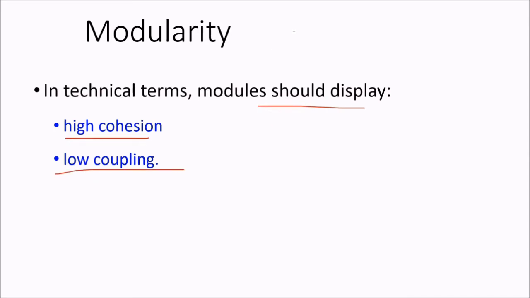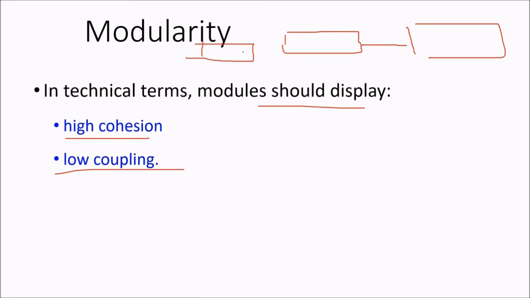If I talk about a train, then the bogies or the compartments are linked together. This is called coupling. Actually, the word is used there also. They are coupled together. So what we want is low coupling. But what is inside?